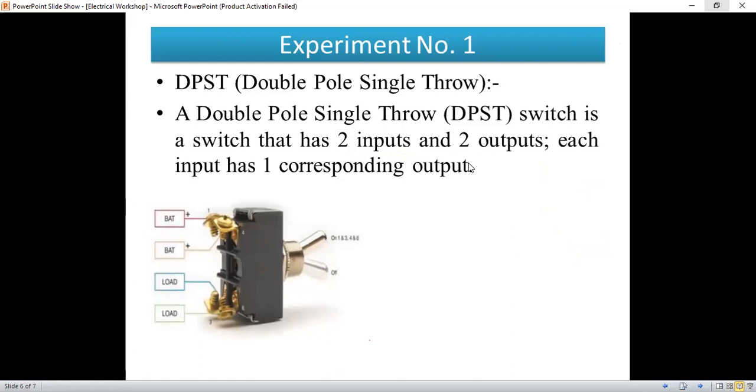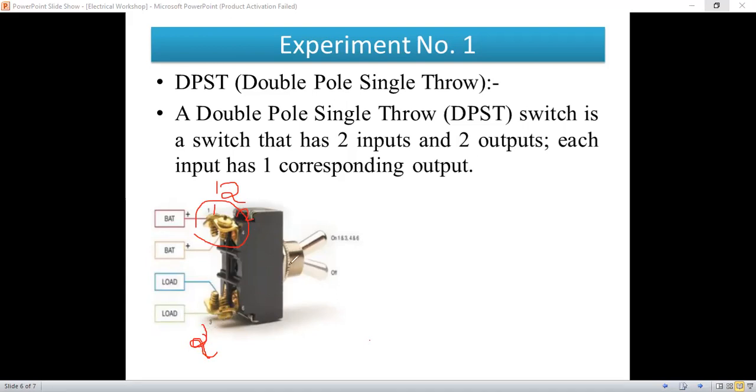Okay, see here, suppose there are two input terminals, that means these two are the two input terminals. Here it is 1 and 2. So there are two terminals on the input side, two terminals on the output side. दोन terminal input side वरती असतील, दोन terminal output side वरती असतील.